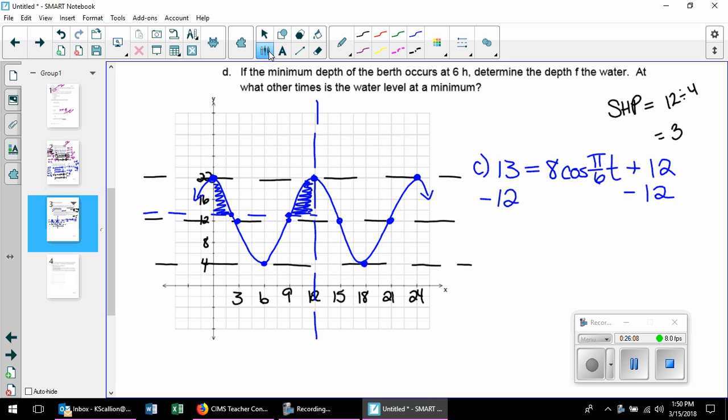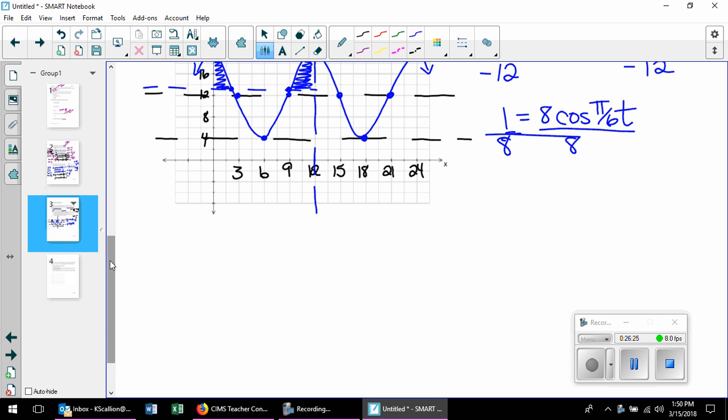Calculator in the room. Things are just all of a sudden connecting. I'm going to change that into a decimal just to make myself feel more comfortable. Okay, how do I get t by itself?